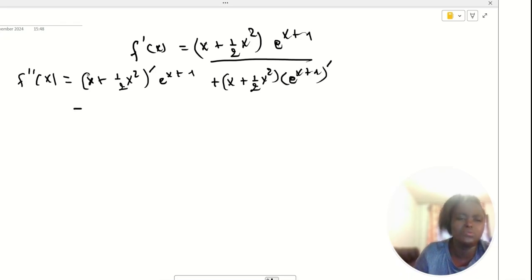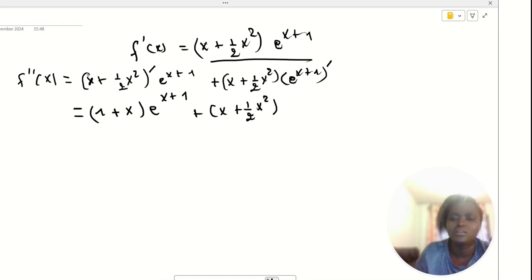So this will be equal to (1 + x) e^(x+1) plus (x + 1/2 x²) times e^(x+1), since the derivative of e^(x+1) is e^(x+1).